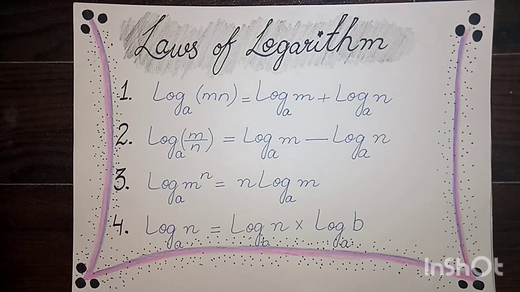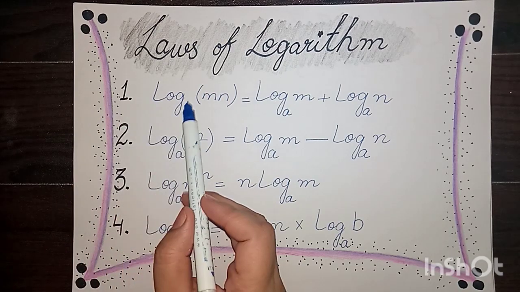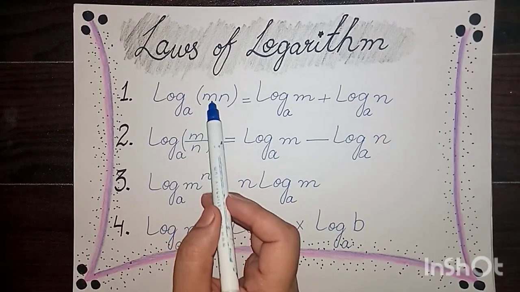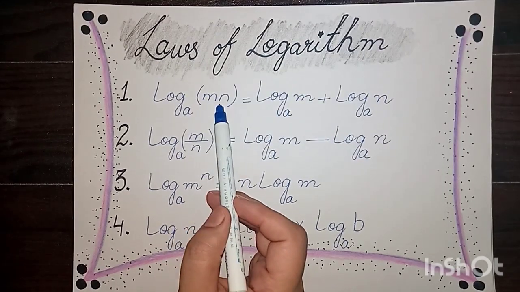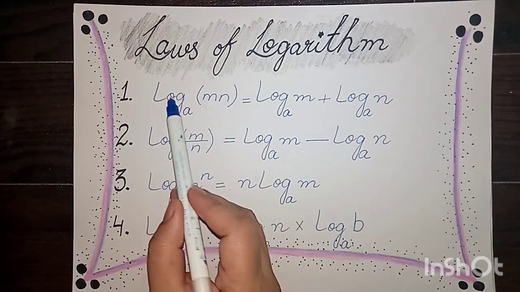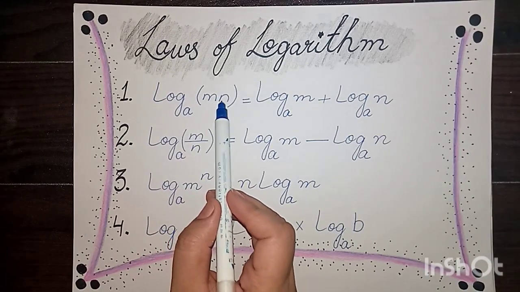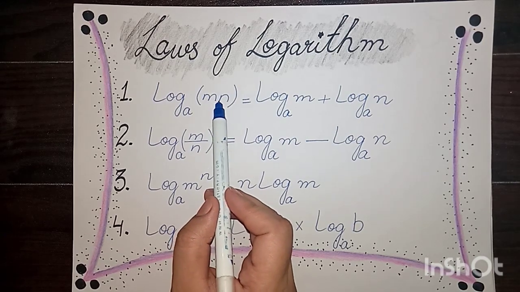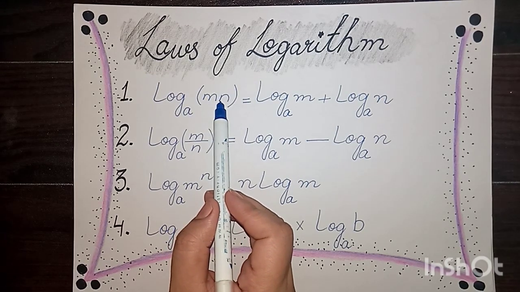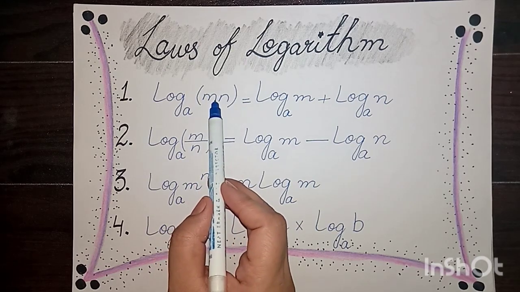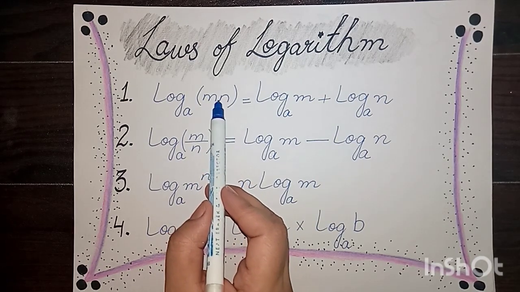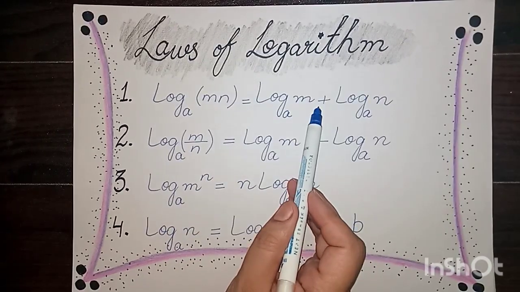First of all we will discuss these laws, and after that we will solve the questions of exercise 3.3. So our first law of logarithm is log of a, where a is any real number, and n and m are any two numbers. If there is log in between two numbers and these two numbers have the product sign between them, then we will convert this product sign into plus sign.